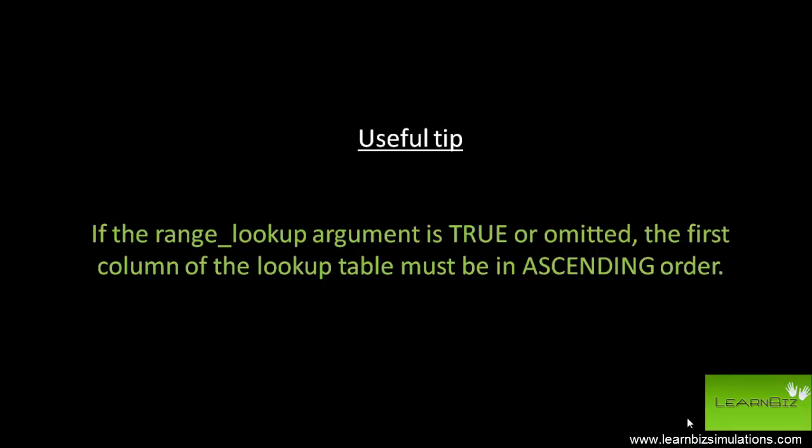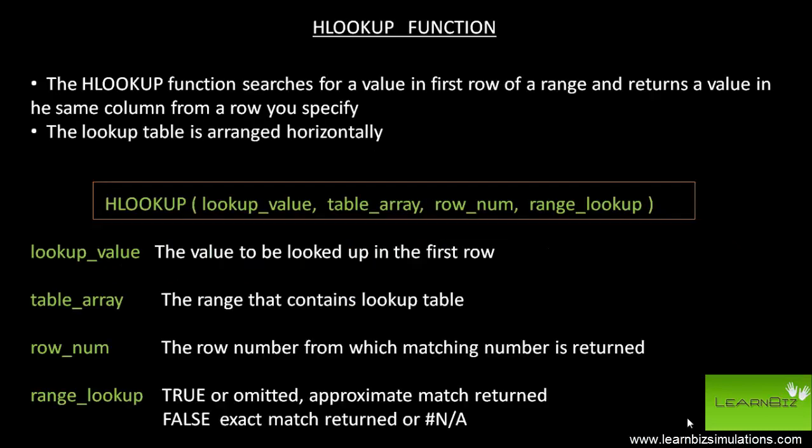A useful tip: if the range lookup argument is true or omitted, the first column of the lookup table must be in ascending order. Next, we will look at the HLOOKUP function. The HLOOKUP function searches for a value in the first row of a range and returns a value in the same column from a row that is specified. This is very much similar to the VLOOKUP function, except that the lookup table is arranged horizontally.